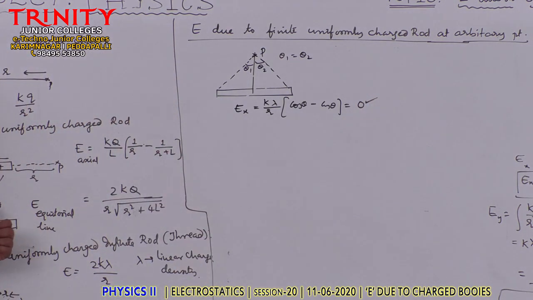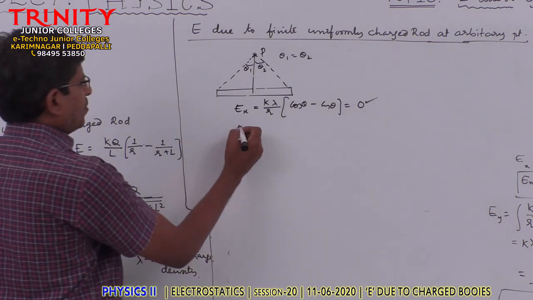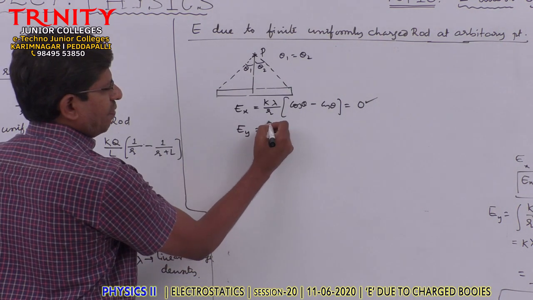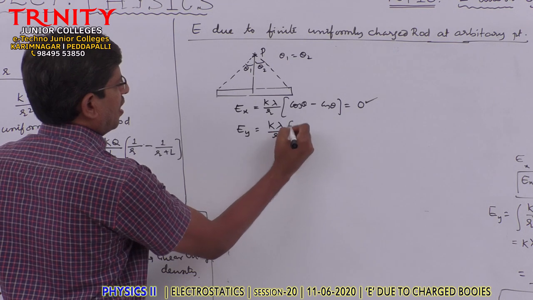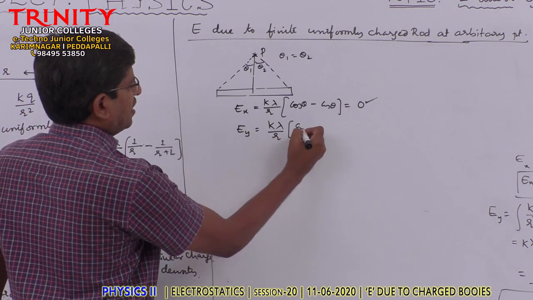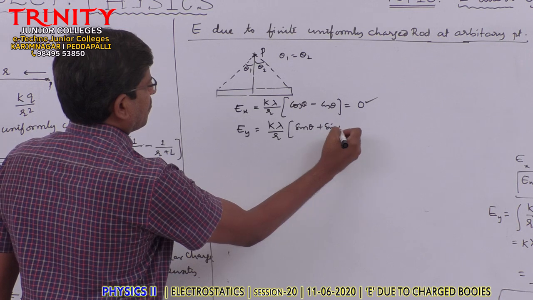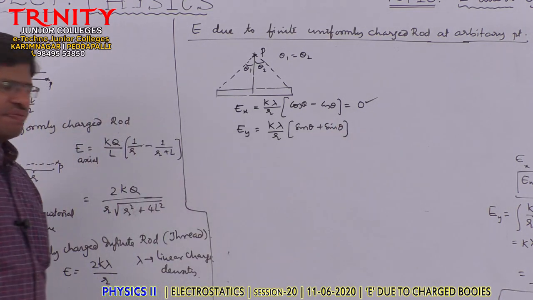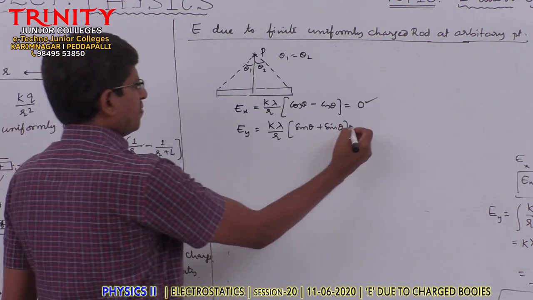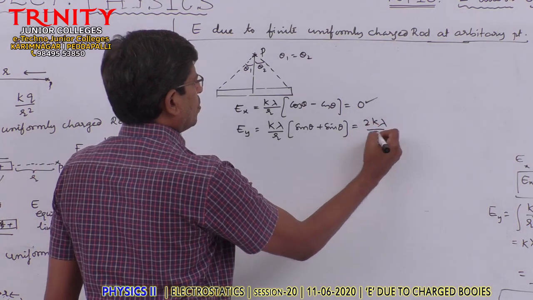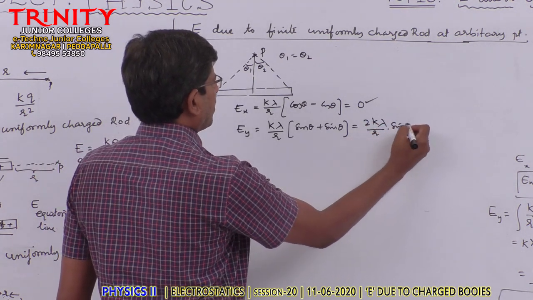That was this case, right? And you will also get Ey. What was Ey? k lambda by r, sin theta plus sin theta, that is nothing but 2 sin theta, 2 k lambda by r into sin theta.